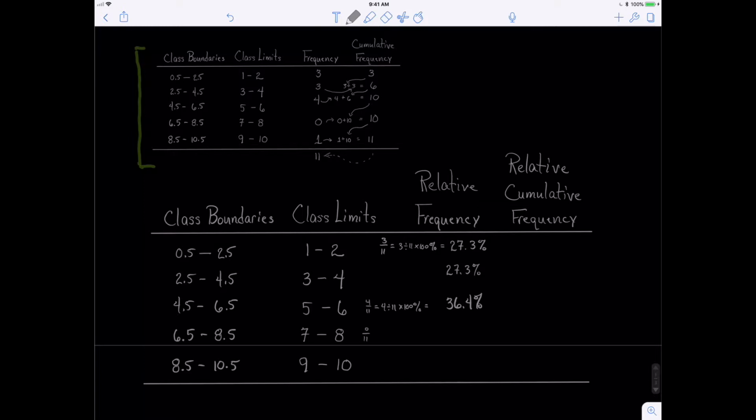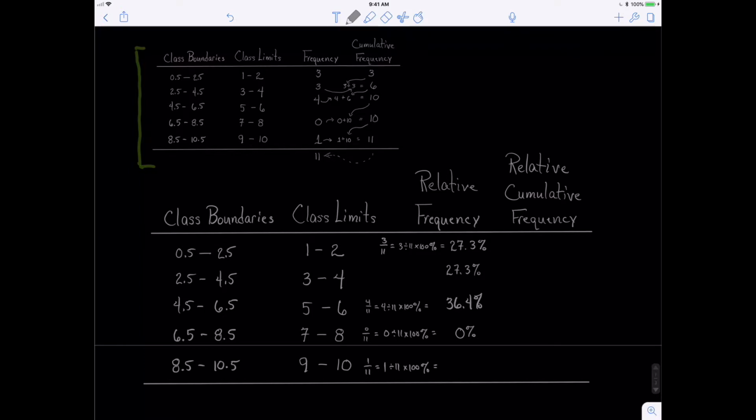This next one I can do in my head, because it had a frequency of 0 out of the 11 data values. 0 divided by 11 times 100% is 0%. Our last class had a frequency of 1, so it represents 1 out of the 11 data values: 1 divided by 11 multiplied by 100%.